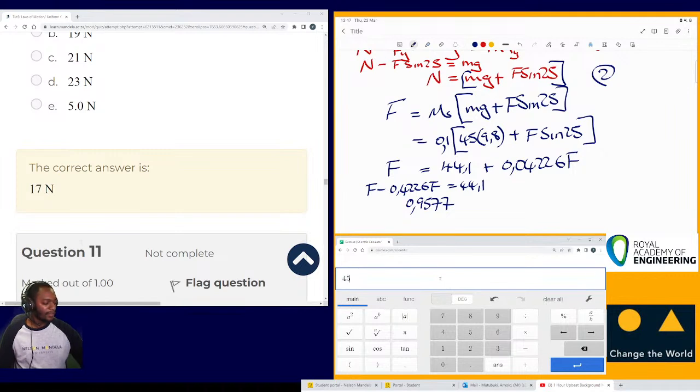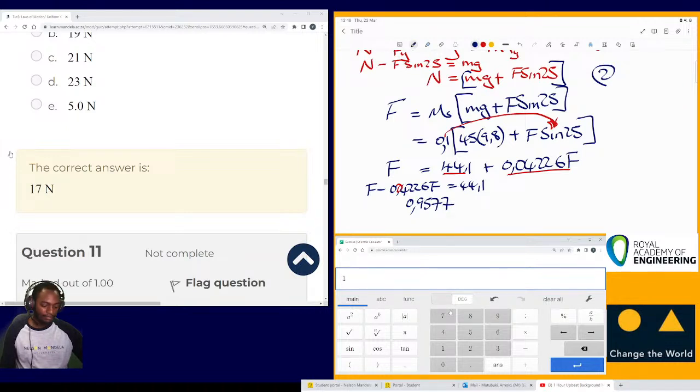I said 45 by 9.8, then I multiplied by 0.1. I get 44.1. So is 44.1 okay? Yes. Okay. Then this one, 0.1 times sine 25, is it okay again? Okay. But when you took it over to the other side, you forgot to. Yeah. Okay. Thanks.